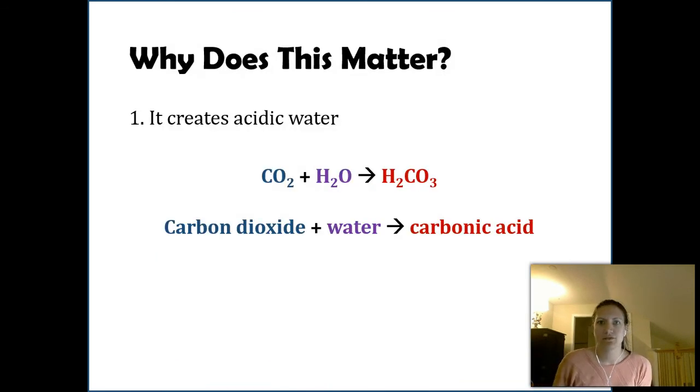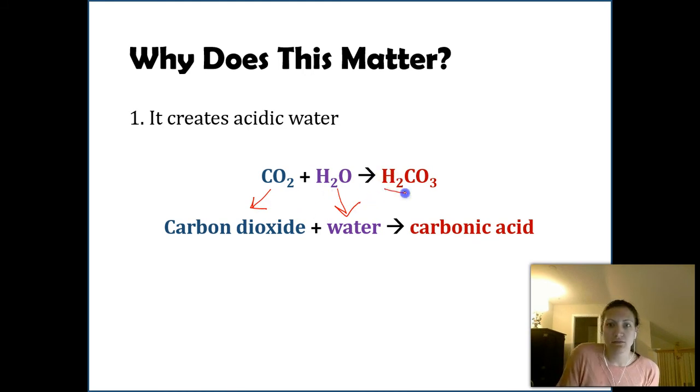So what if there's more carbon dioxide in the atmosphere? Well, the problem is that carbon dioxide and water make an acid. They make carbonic acid. So CO2 is our carbon dioxide, we've got H2O, which is our water, and we put them together.